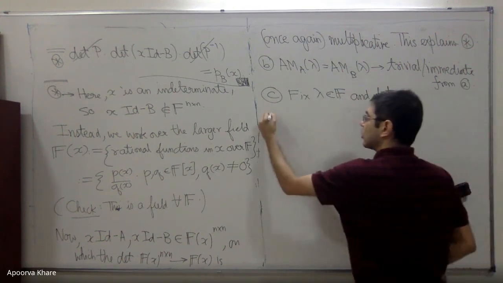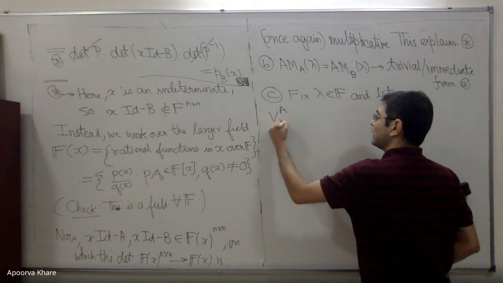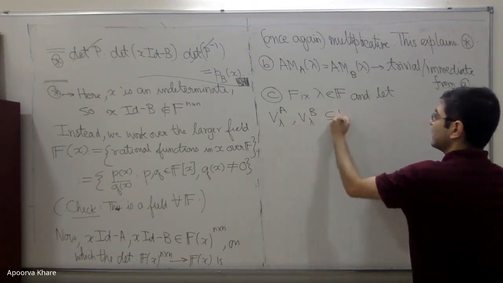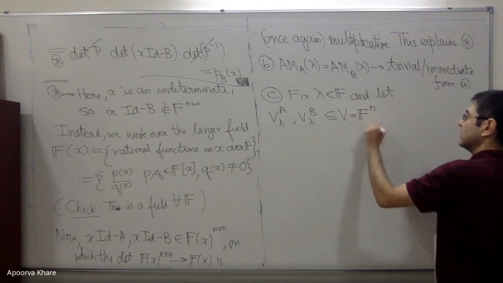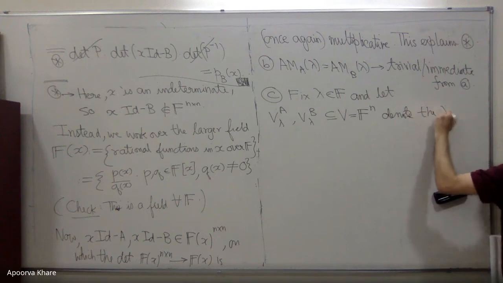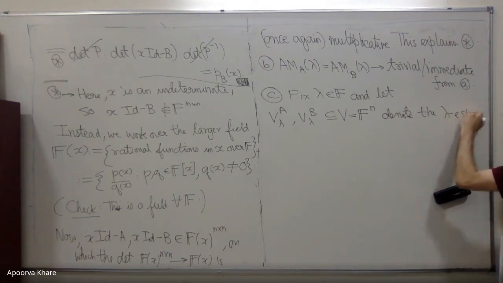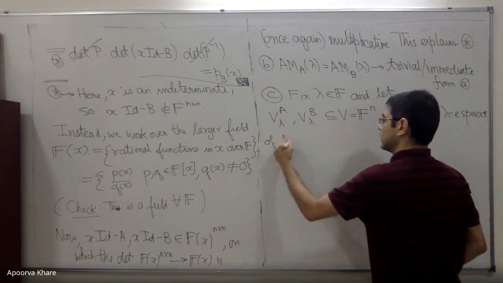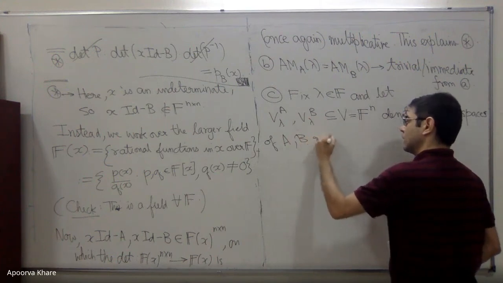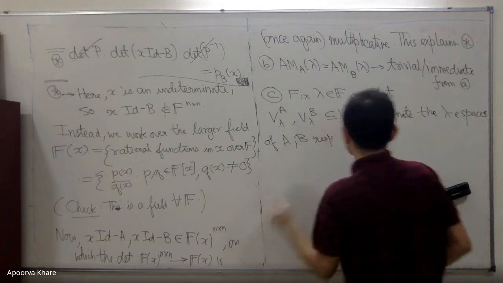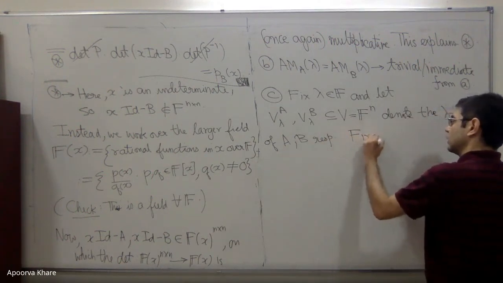And let's call this, let's say, V lambda A and V lambda B, and these, since B is F^n, denote the lambda eigenspaces of A, B respectively. We want to show that the dimensions are equal. Okay. So we first claim the following.